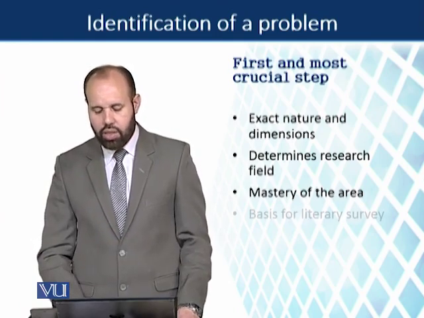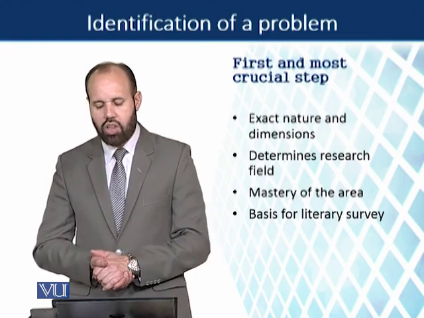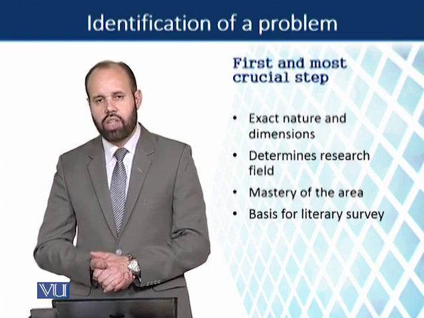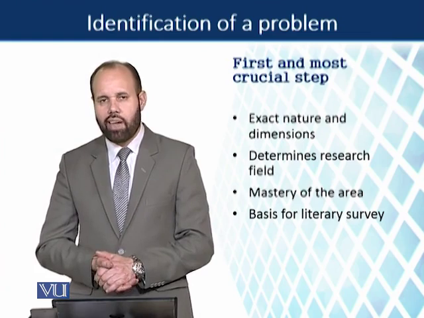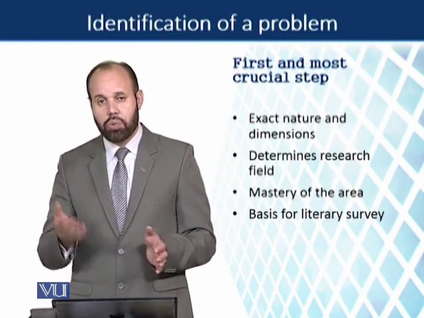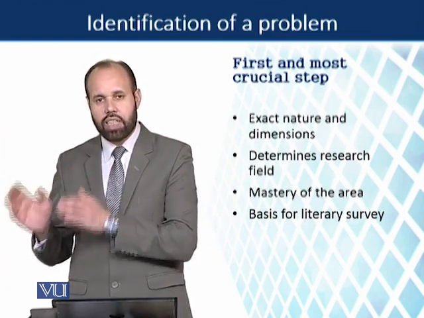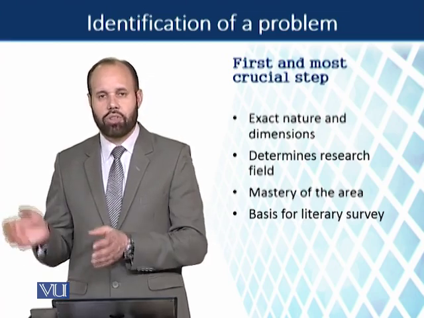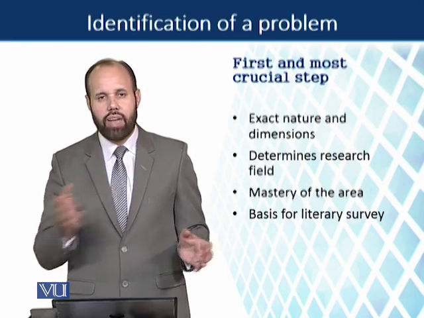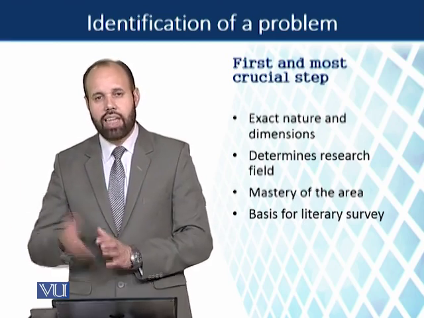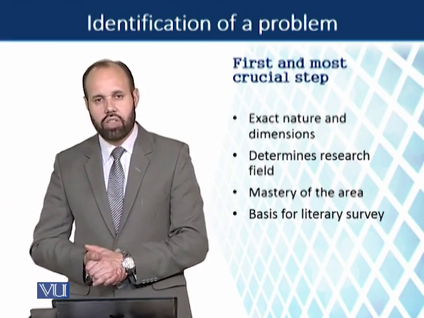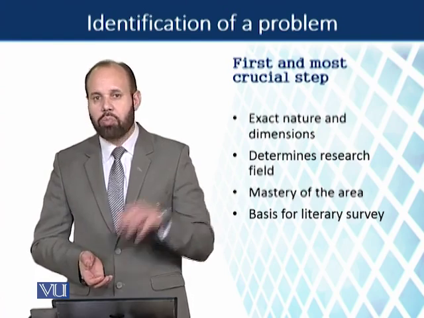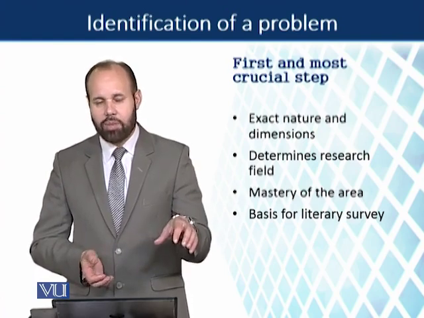That is an important point in the identification of the problem, and it is actually the basis for your literature survey. How would you use the existing literature which is available to you, what kind of research would you survey, what type of existing literature is required, the latest, the recent literature related to which priority you are supposed to explore?